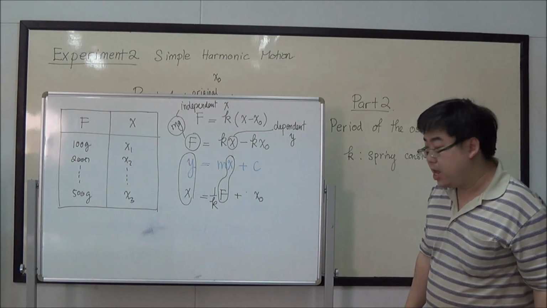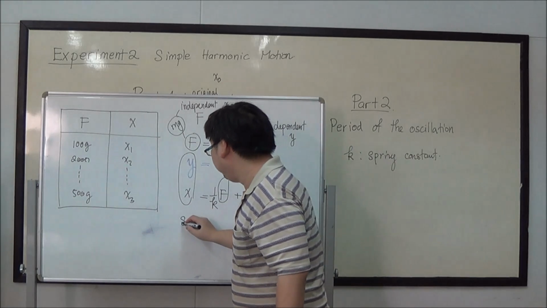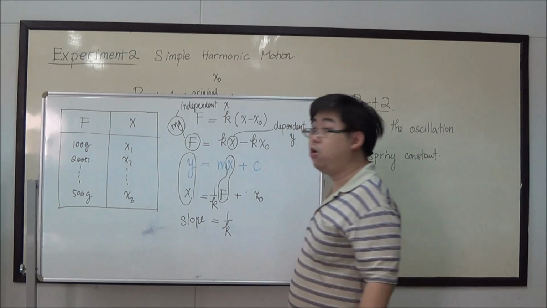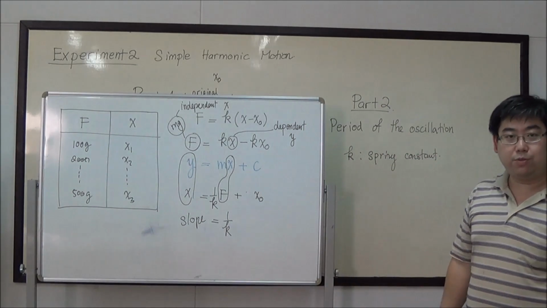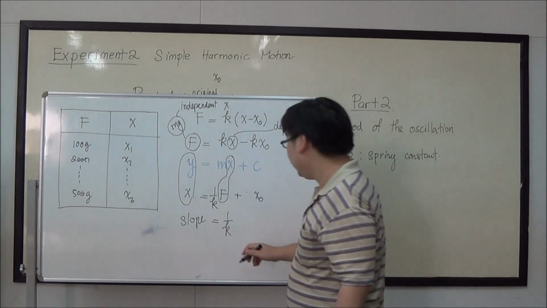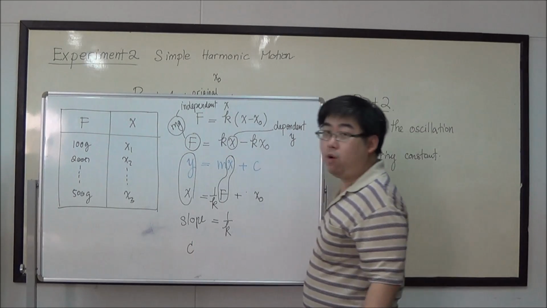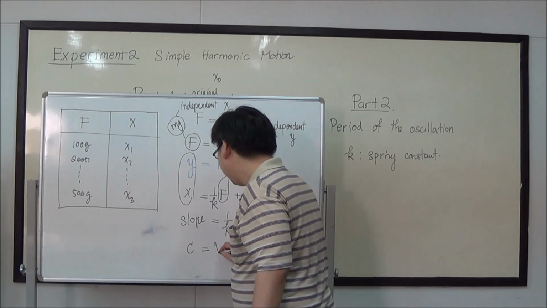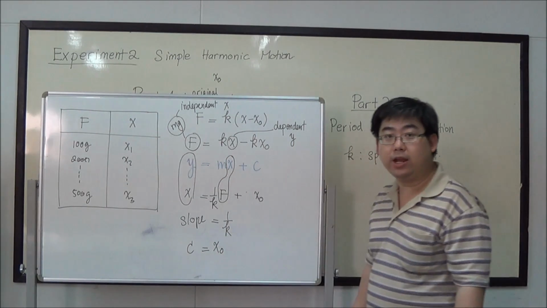So what does this mean? It means that the slope of this graph is 1 over K, 1 over the spring constant. And the y-intercept, or c, means the original length of the spring.